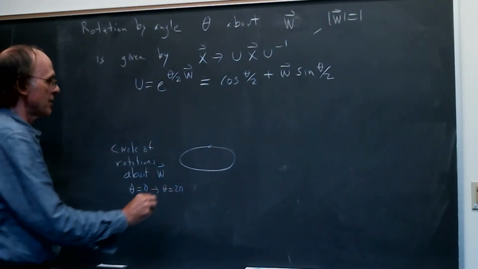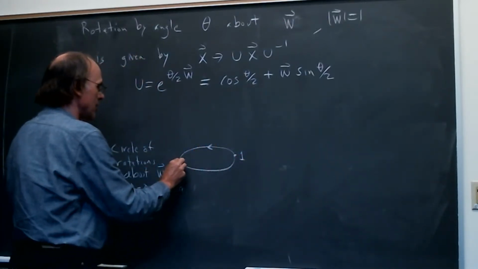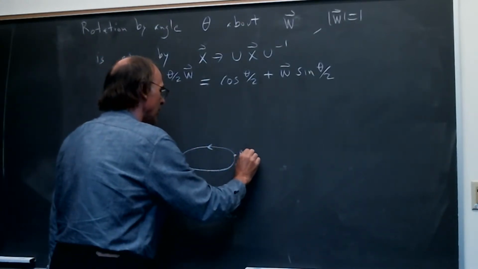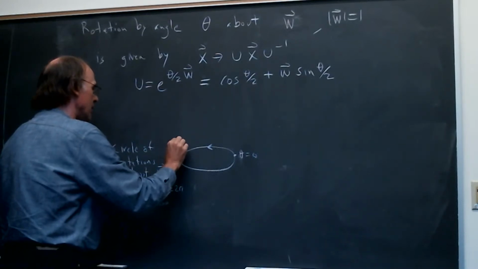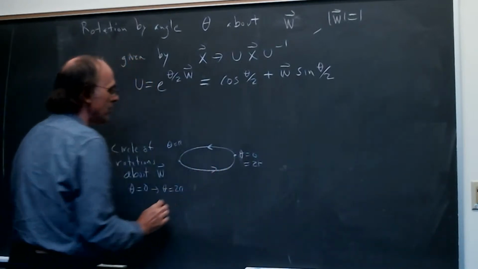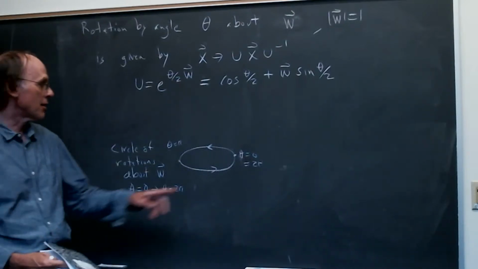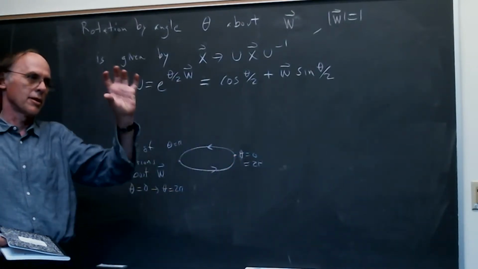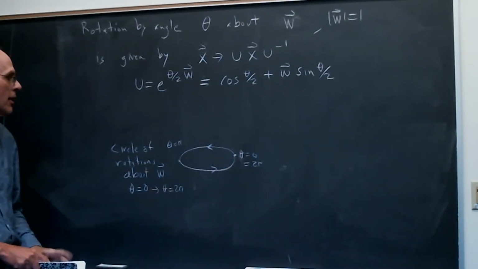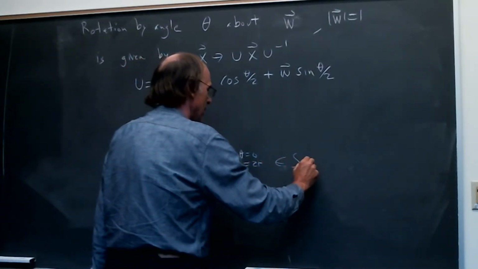Let's say you start here where this is the identity, and then you start moving around. This is theta equal to 0, this is theta equal to pi, and then you come back, and here again it's 2 pi. But you just imagine this is a loop in the group. It starts out at the identity, and then it does a rotation about an axis and comes back to where you started.